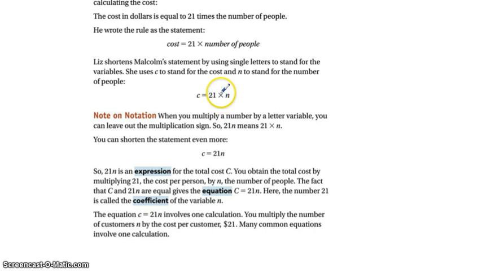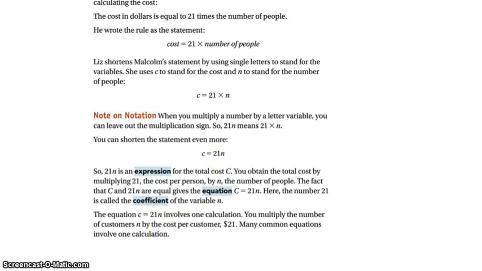We can get rid of that multiplication sign and just scoot the variable next to the number and say that the cost would equal the number of people times 21, or C equals 21N.